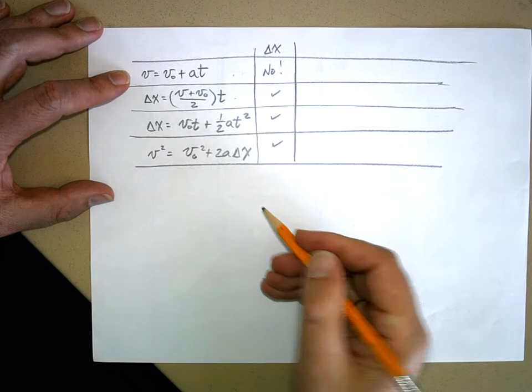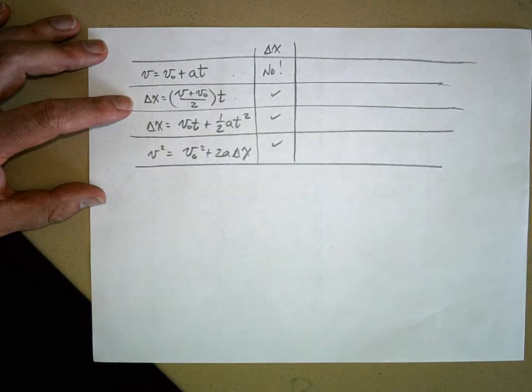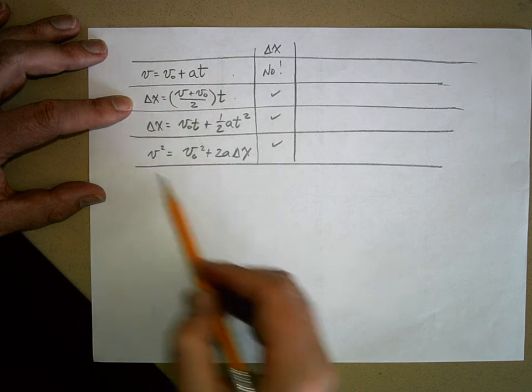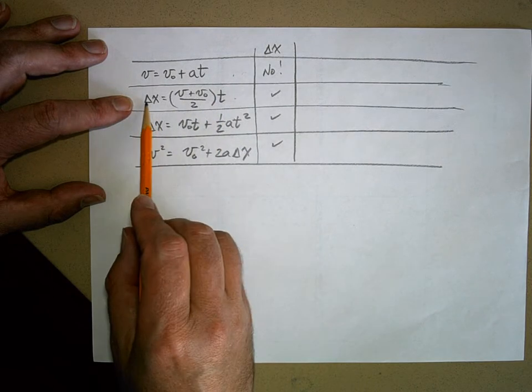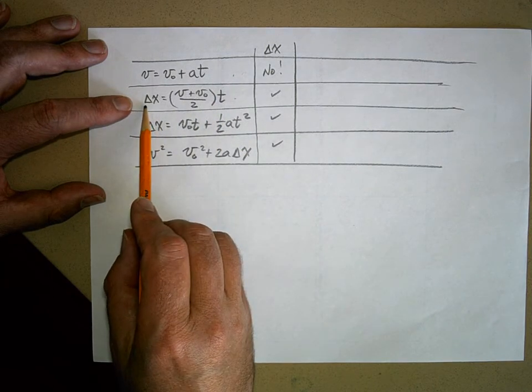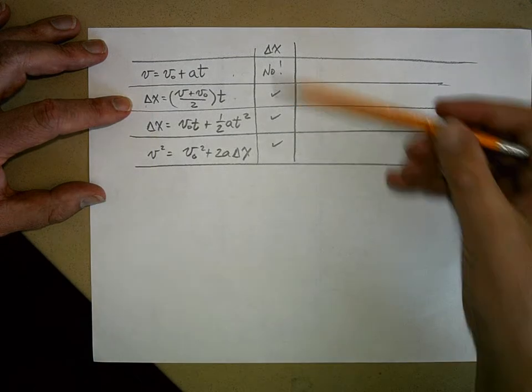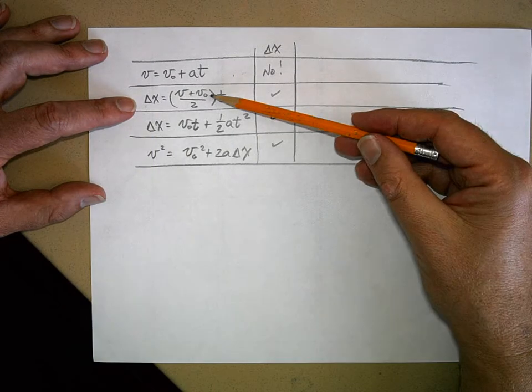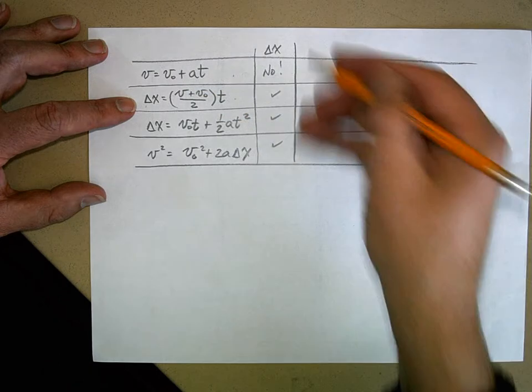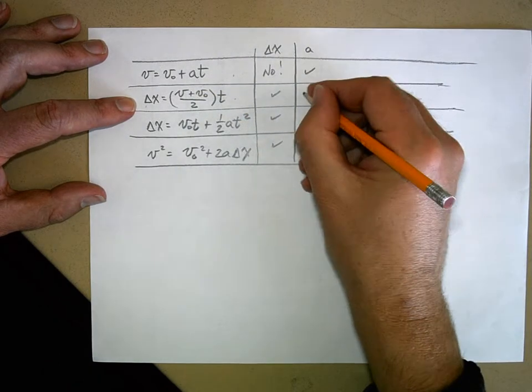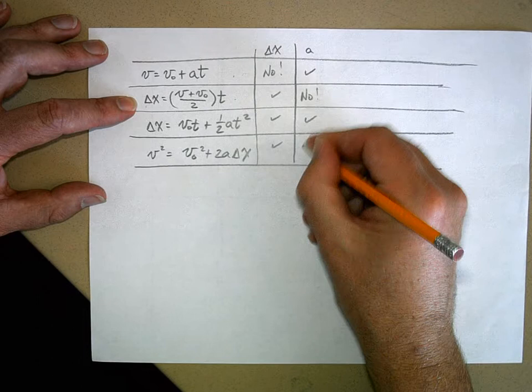Now, what's in all of the equations except this one? What's missing? Well, let's see. This is time, v naught, v. Oh, acceleration. Yes, no. Yes, yes.